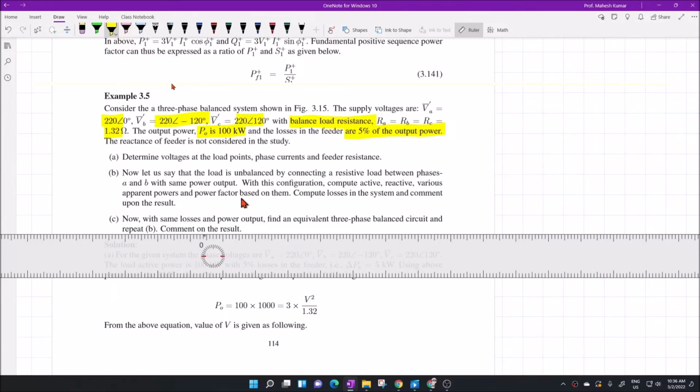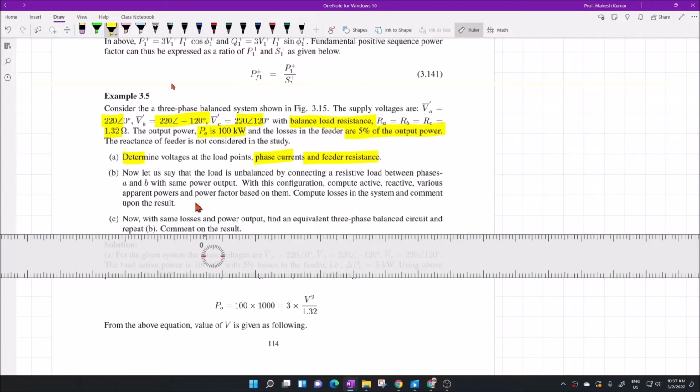So find out first the terminal voltages or the load voltages, phase currents and feeder resistance. Feeder resistance is not given to us; we have to find it based on the losses.